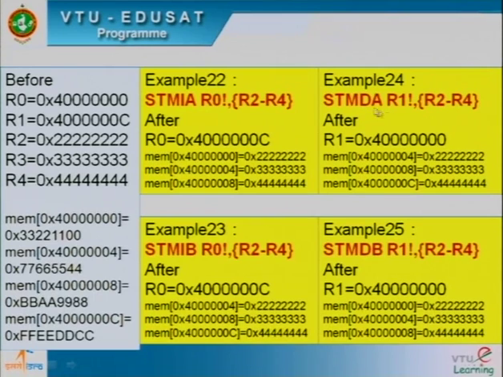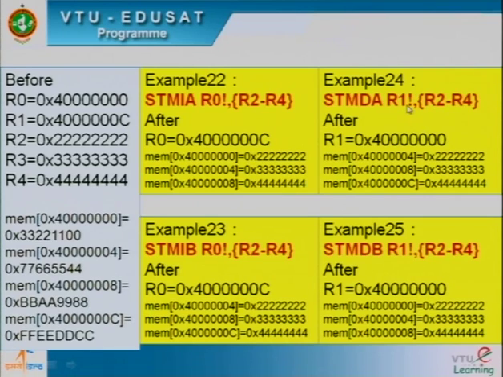That is, store the value of R2 onto the memory location pointed by R1, then decrement, store the value of R3 onto the memory location pointed by R1, then decrement again, and then store the value of R4 onto the double decremented value.